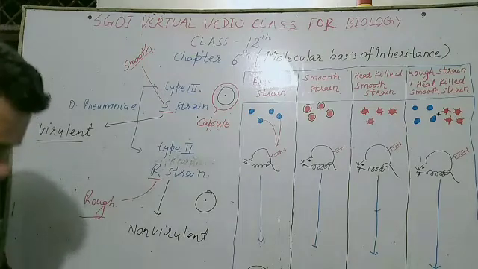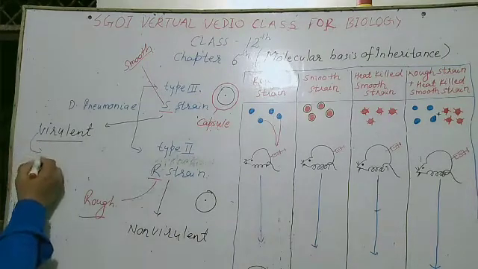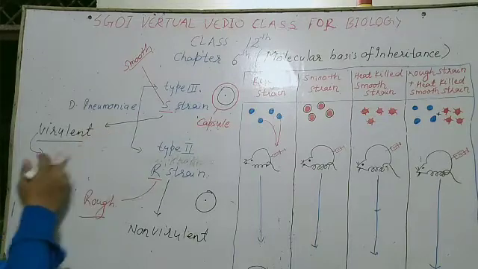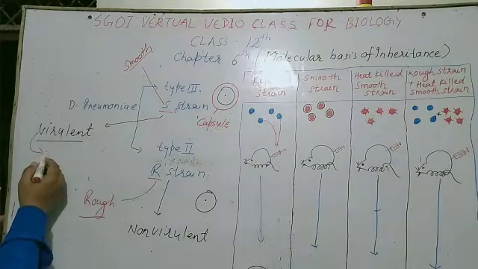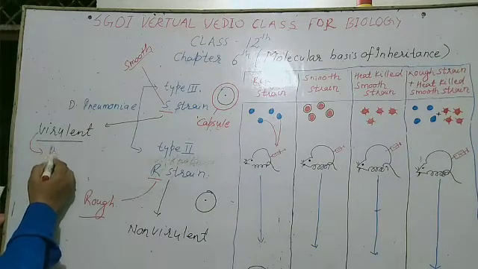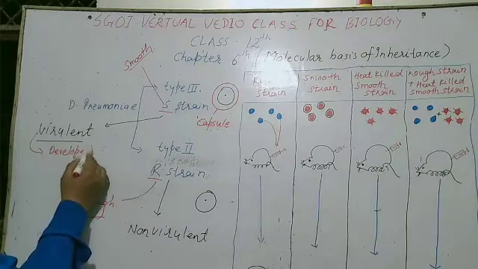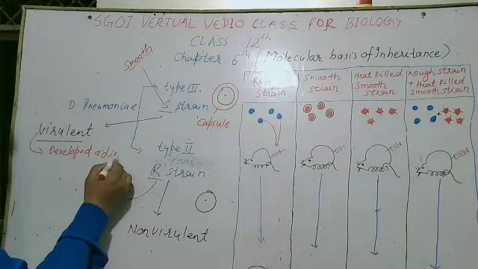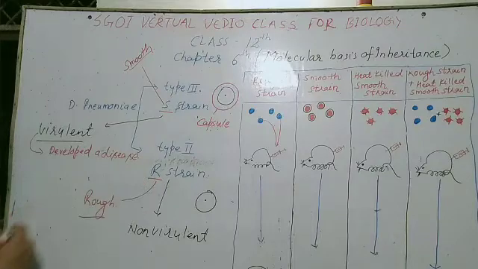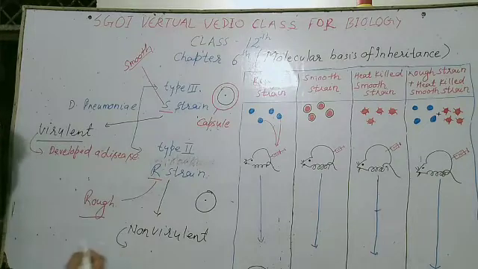Virulent means it has a nature to develop a disease, but non-virulent Diplococcus pneumoniae does not develop disease.